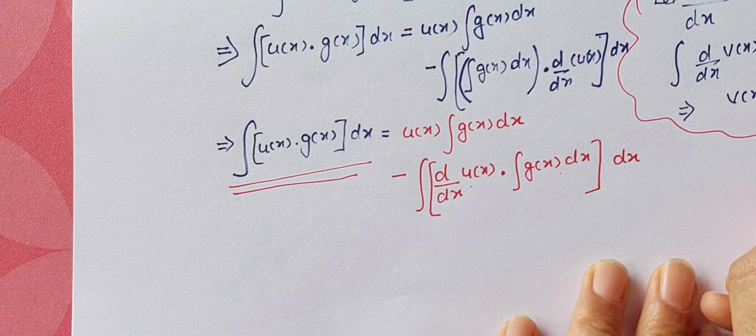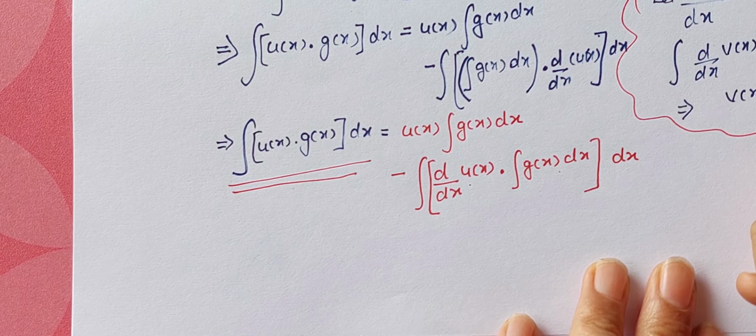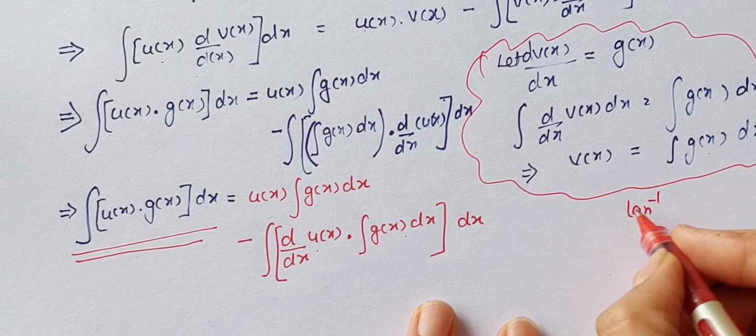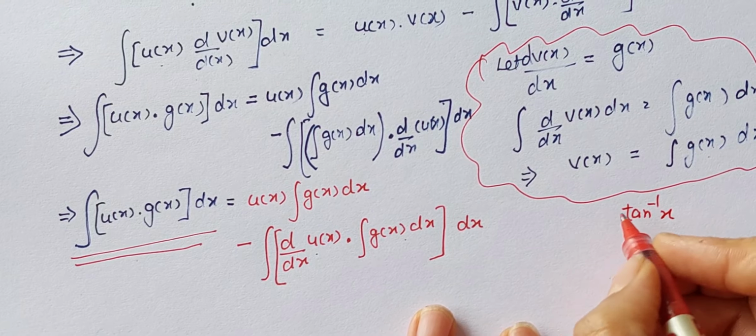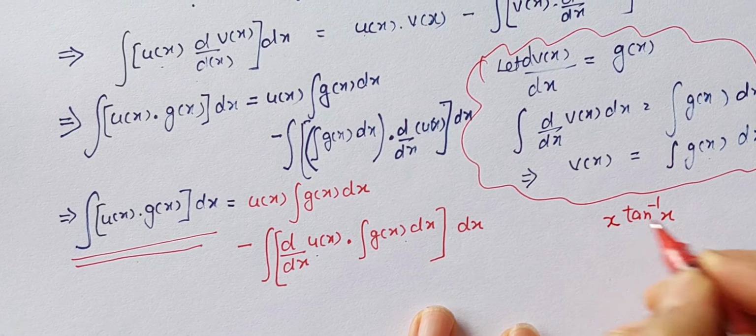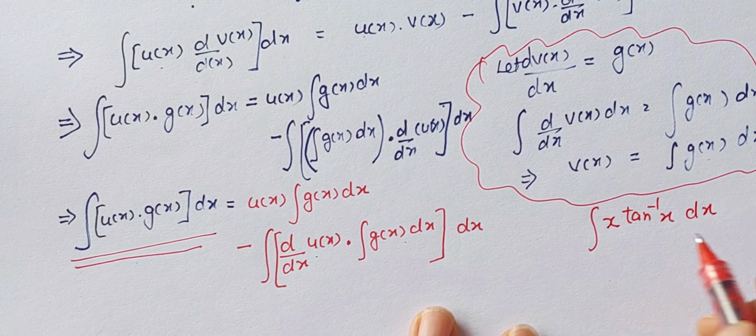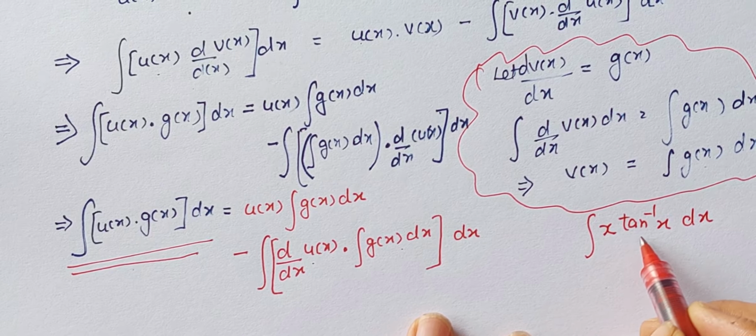Suppose we have tan inverse x into x. Suppose we have to find this integral. So what is your formula?